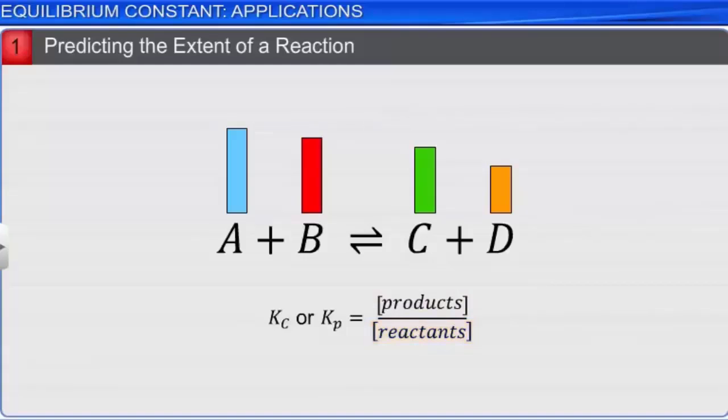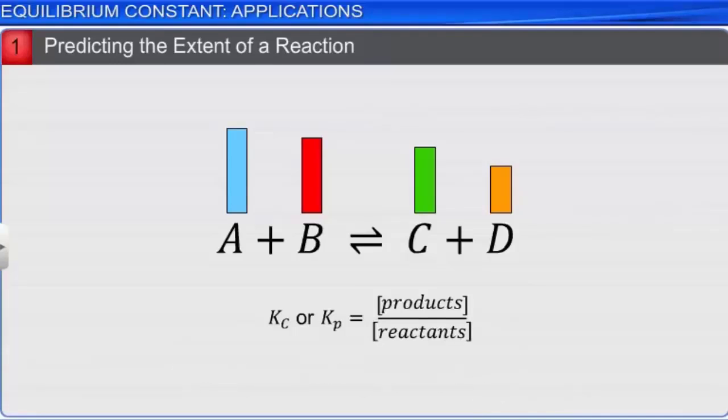As the products appear in the numerator and the reactants in the denominator of the expression, you can see that the magnitude of the equilibrium constant is directly proportional to the concentrations of the products and inversely proportional to the concentrations of the reactants.